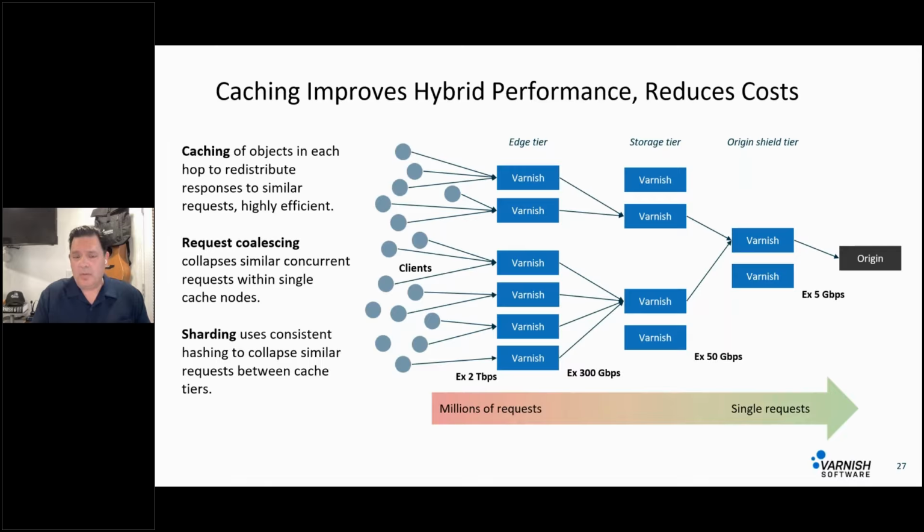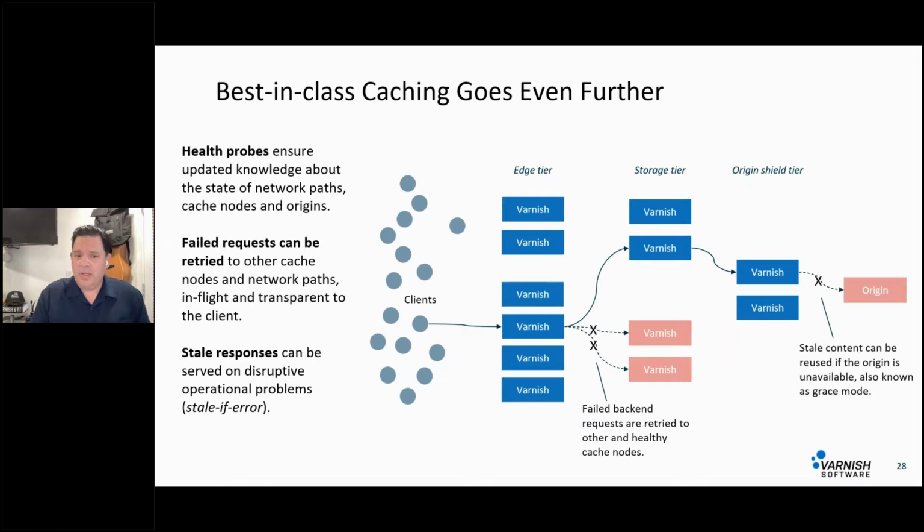But if we go to the next slide, we'll see that best of breed caching solutions take it one step further, really focusing on security and probing, and this is where the benefit of cache really comes into play. You can see there, we'll start at the right this time and go left.